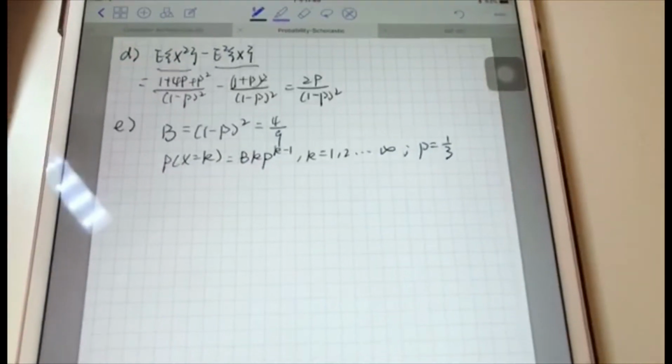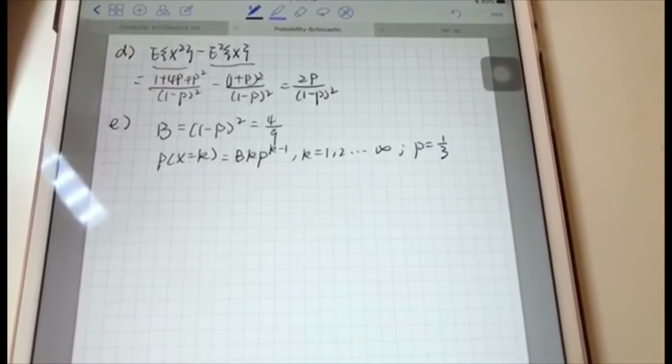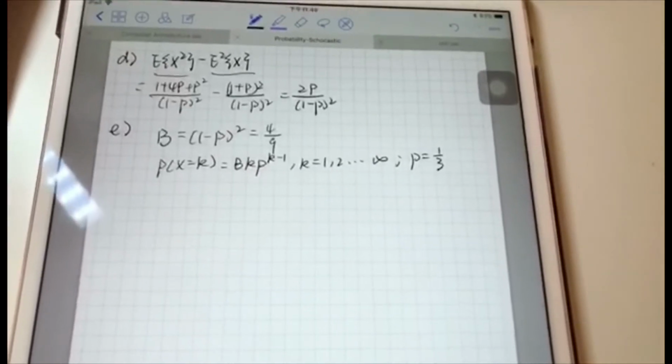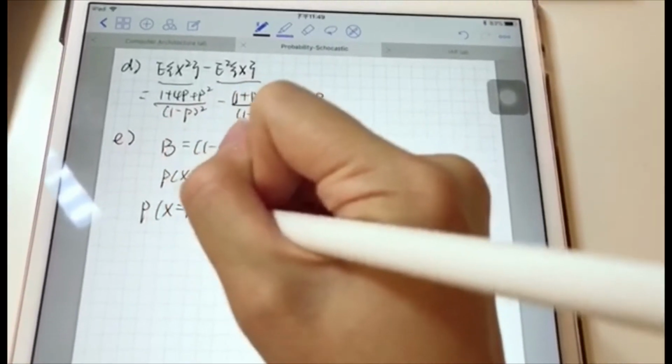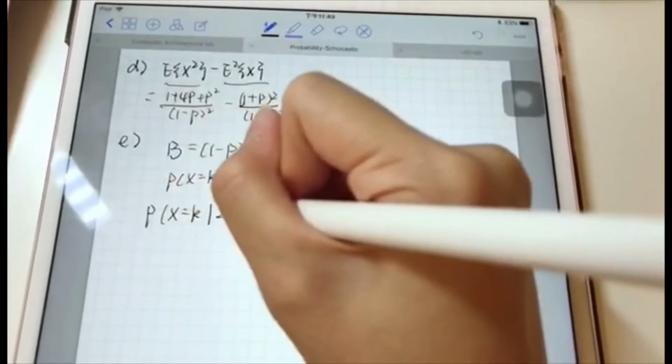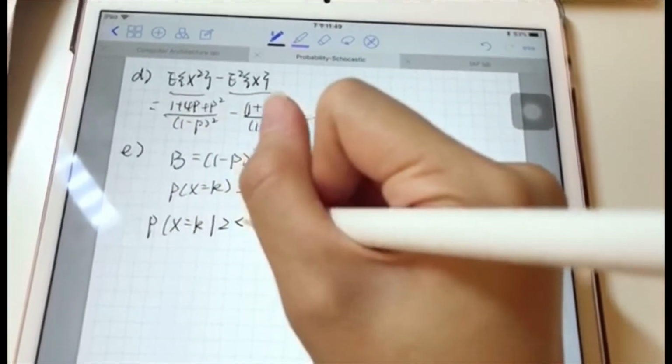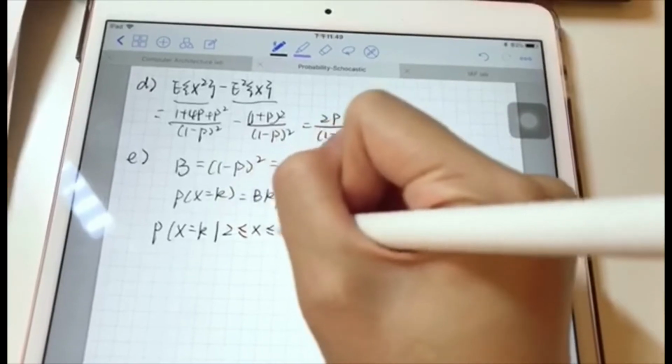Now look at what the question asks us to find. The question asks us to find P(X = k) under the condition that X is between 2 and 5.